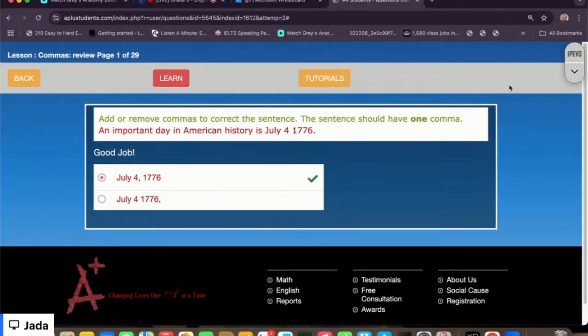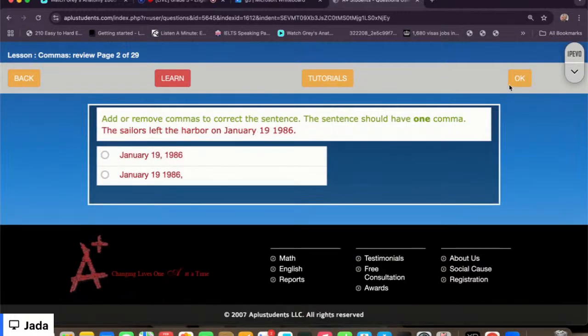Good. So we have, "The sailors left the harbor on January 19, 1986."